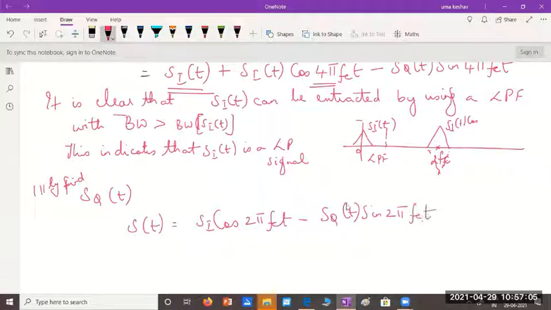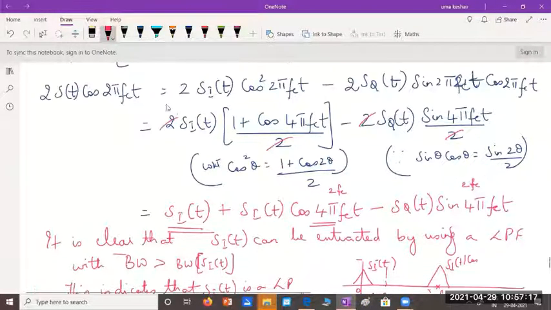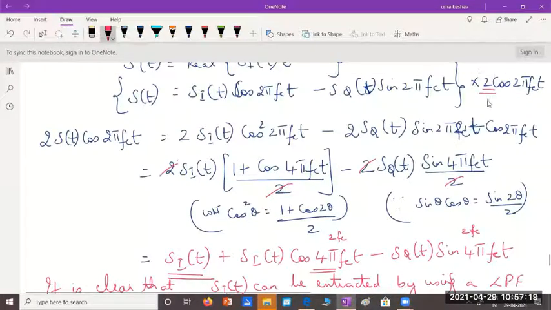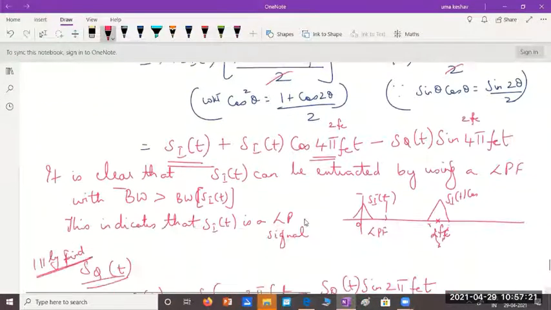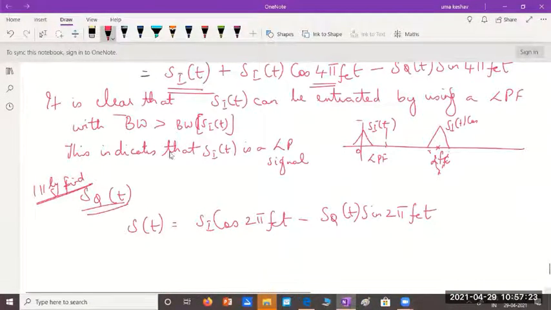This is the representation for S of t. If I want to isolate this, what should I multiply? Like what we did here, we multiplied this with 2 cos 2 pi fct. Here, what should I multiply with? Any idea?